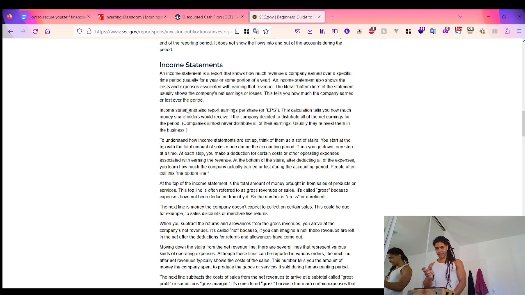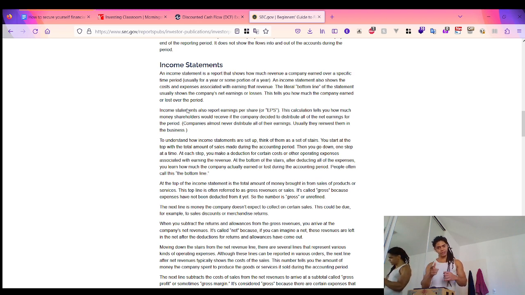The bottom line of the statement usually shows the company's net earnings or losses.